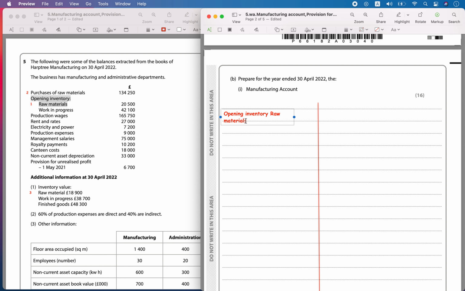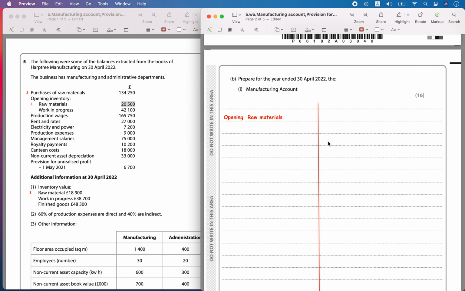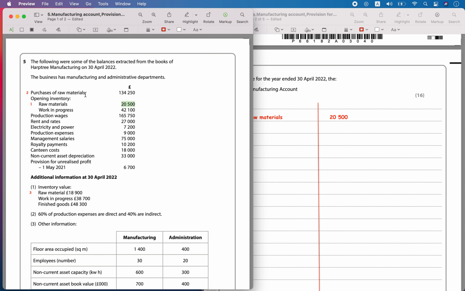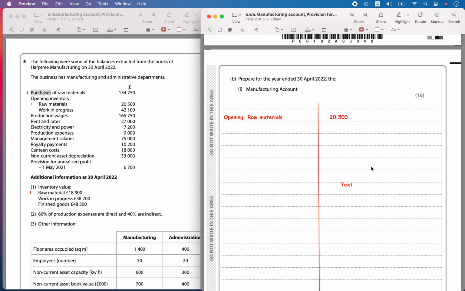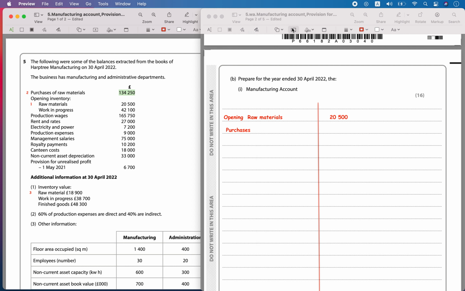Opening raw materials is equal to 20,500, and then you will have purchases of the raw materials. So it is 134,250.